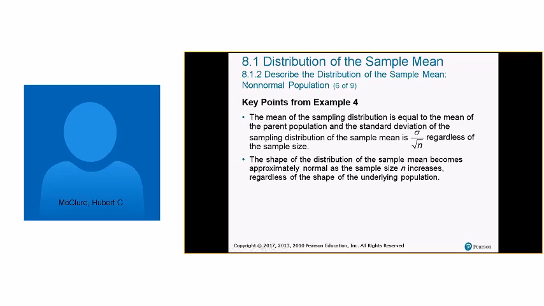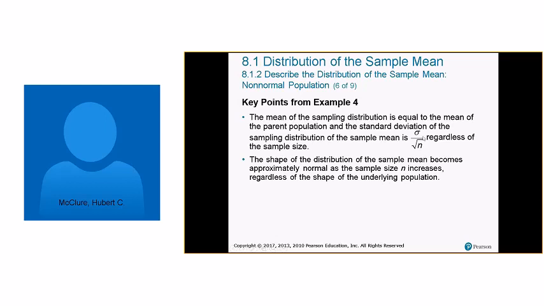And this is the key points of 8.12, the formula right there. That's what I told you before. Okay? The shape of the distribution of the sample mean becomes approximately normal as the sample size, what? Increases. That's your large number rule. The more you do, the better.